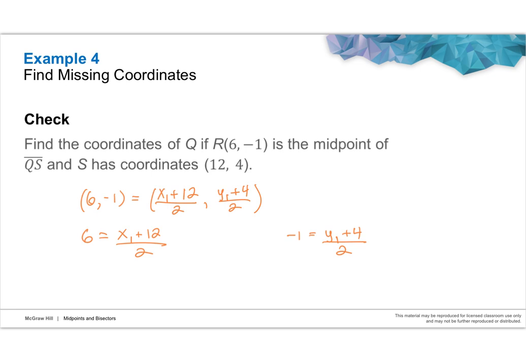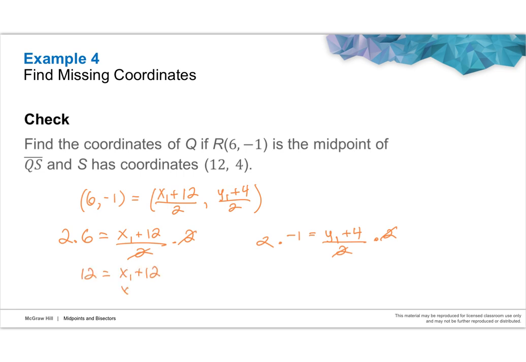Remember our steps: we multiply both sides by 2 to get closer to that y1 and x1 value, because of course we know that will cancel out the fraction part of the midpoint formula, the average piece. So we have 12 equals x1 plus 12.